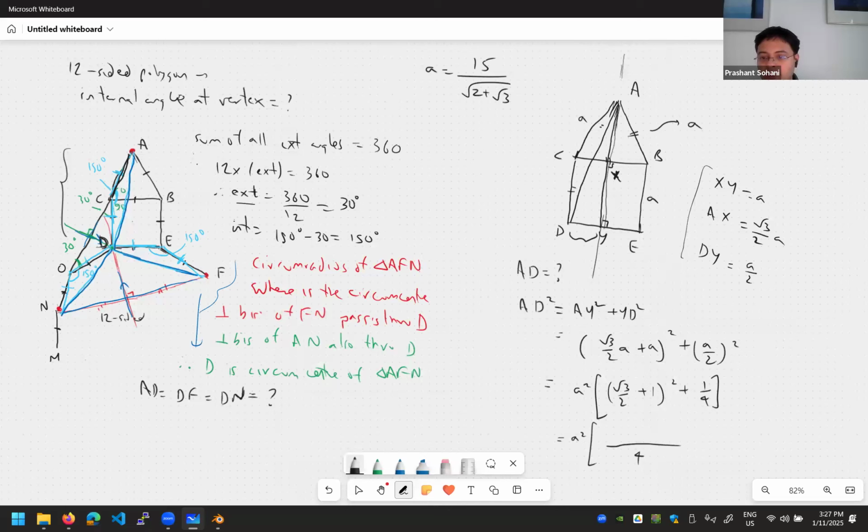Let me skip the expansion, do it quickly in your mind. So this is root 3 plus 2 square plus 1: root 3 square plus 2 square plus 2 into 2, 4 root 3, plus 1. So it is 5 plus 4 root 3 by 4 times A square. So this is AD square.